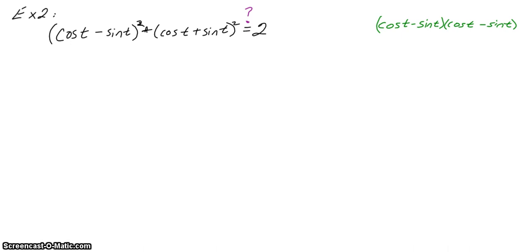Something else I tend to do when I'm looking at these and trying to do this algebra with trig, is instead of thinking cosine t minus sine t, think about it as, what do we get if we just go c minus s squared? Oh, we know what that is.